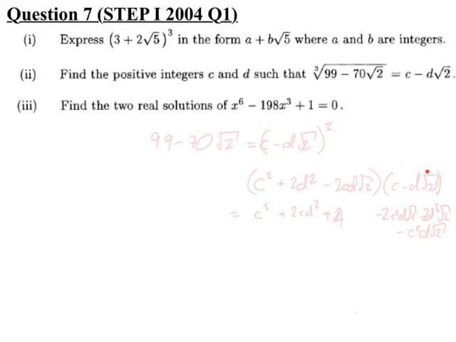Okay, this is the difficult one at the end. We've got 2. The root 2's multiplied together to make another 2, which gives us 4CD squared.